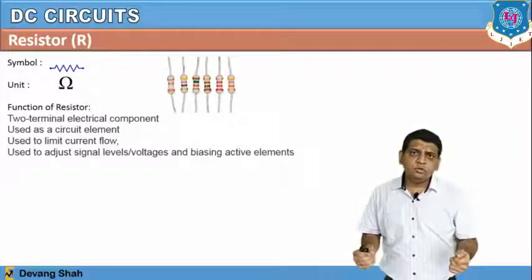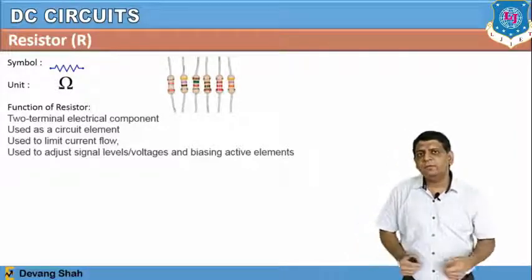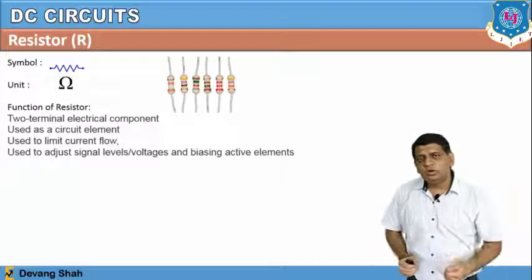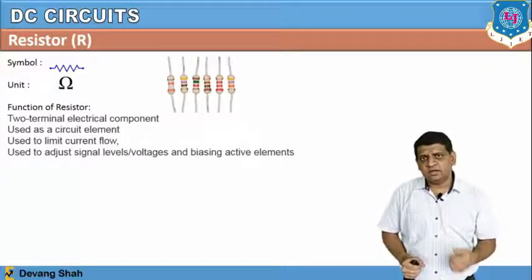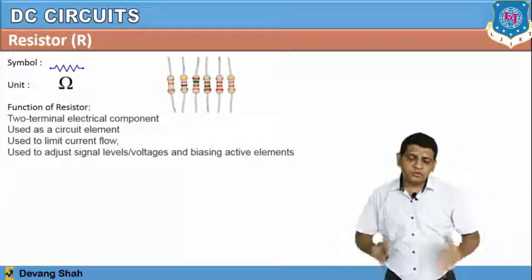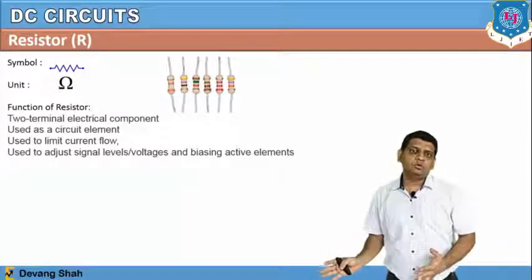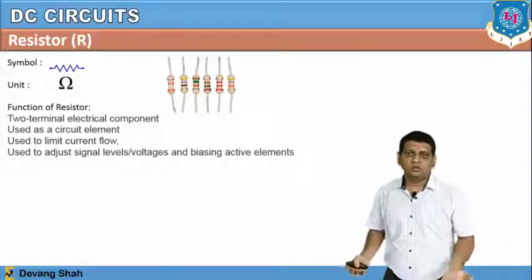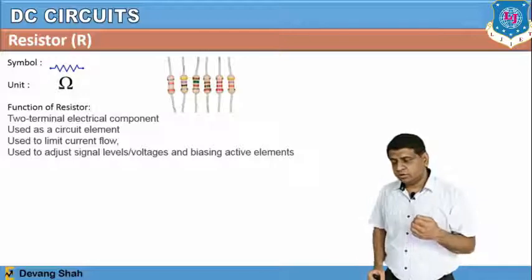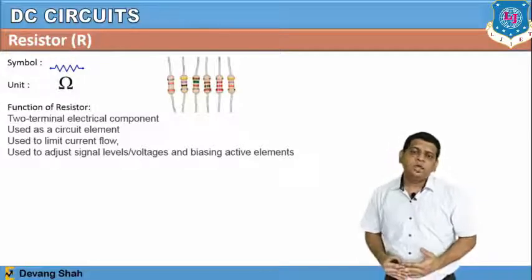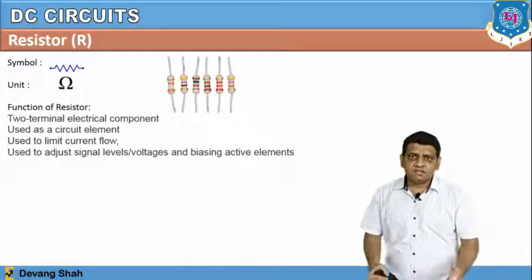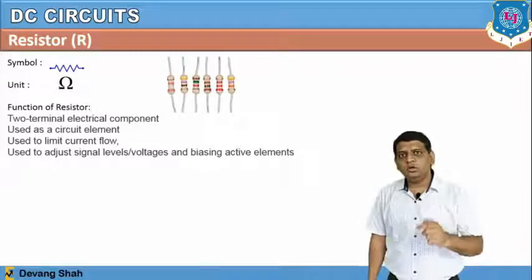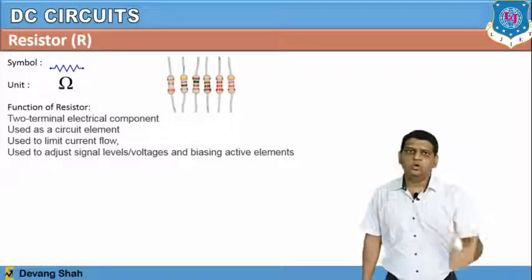These two functions are very useful to design a circuit. Our ultimate aim is to design circuits for home appliances that we can use for society. You use the resistance to have a voltage drop, and that voltage drop will drive your home appliances.